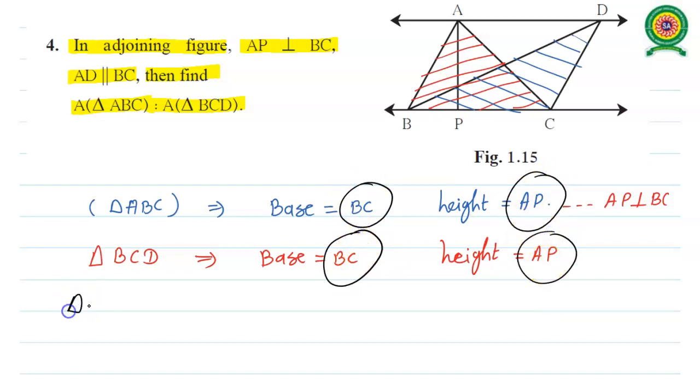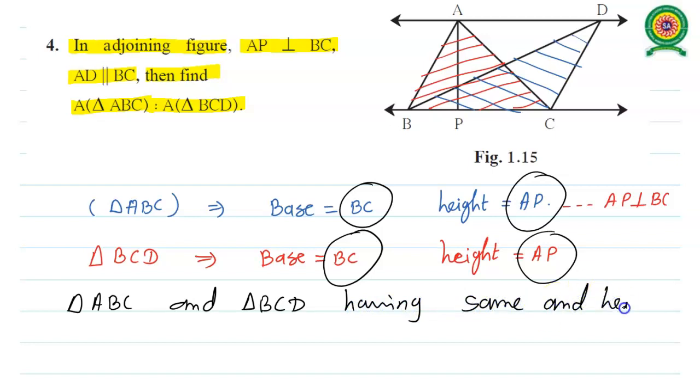So I am writing here that triangle ABC and triangle BCD have the same base and height. Once they have the same base and height, what about the ratio of their areas? So area of triangle ABC divided by area of triangle BCD equals, as per the formula, the ratio of their bases and respective heights.